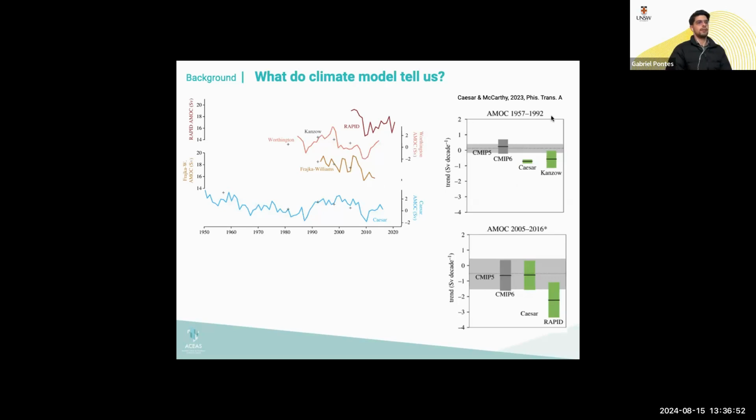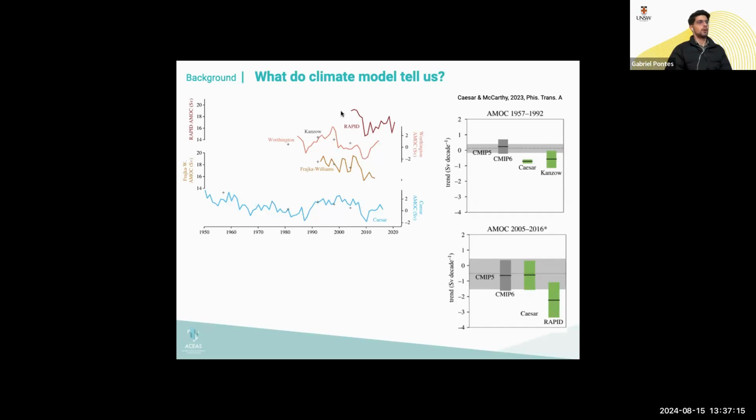there is a weakening period which those indices, or those direct measurements of the AMOC, are suggesting between 1957 and 1992, which is not captured by the CMIP5 and CMIP6 models.